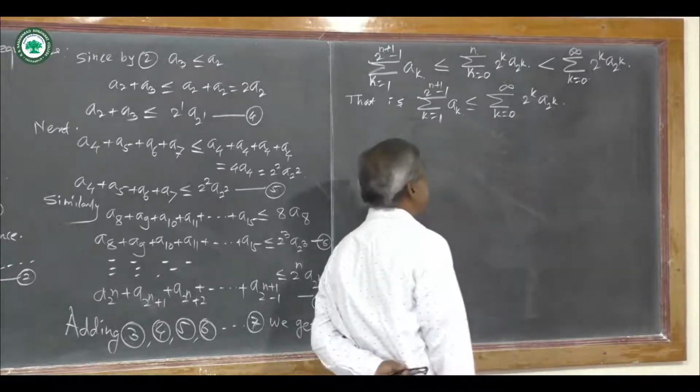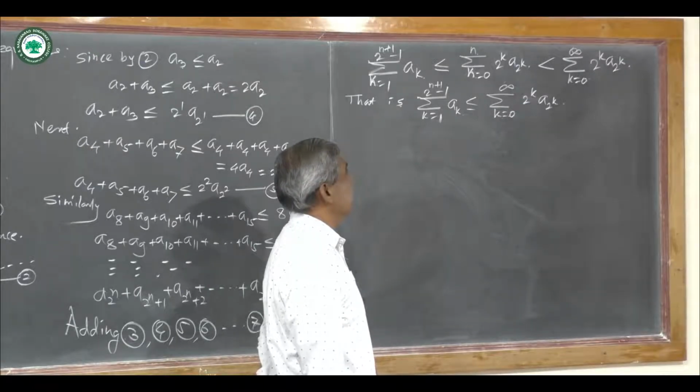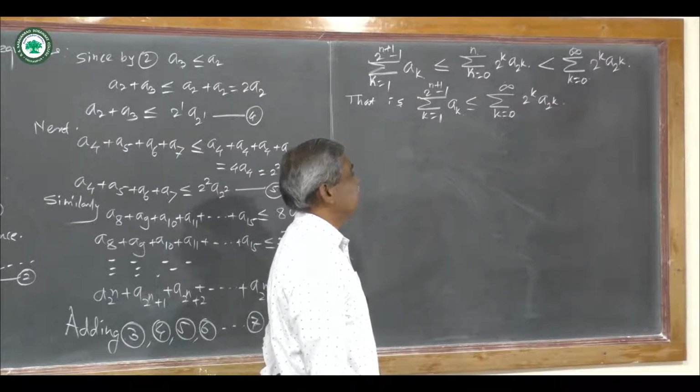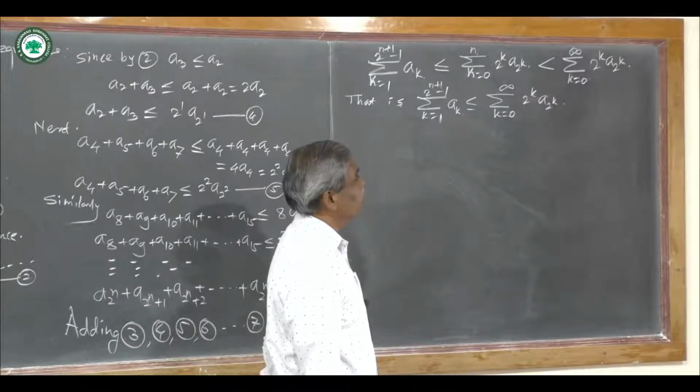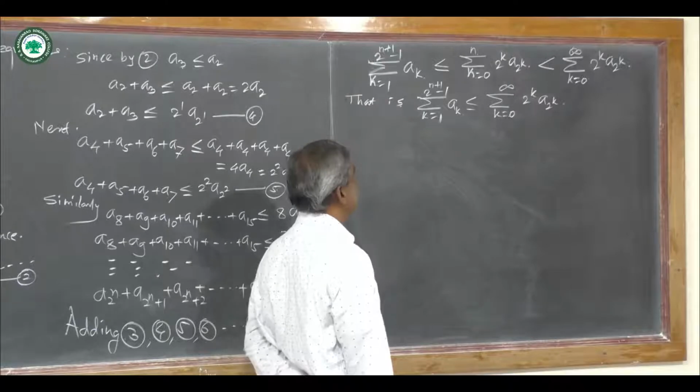Therefore, for any m belongs to I, we write summation k is equal to 1 to m of ak is less than or equal to summation k is equal to 0 to infinity 2 raised to k into A suffix 2 raised to k.